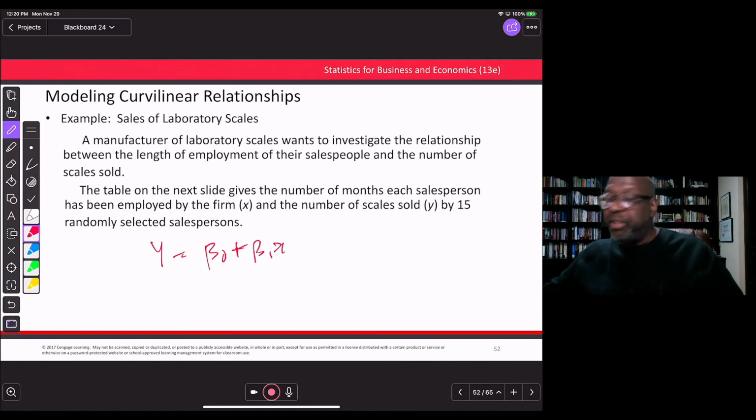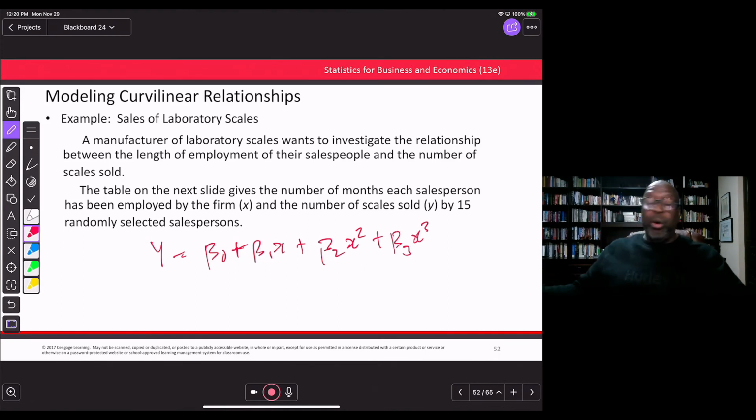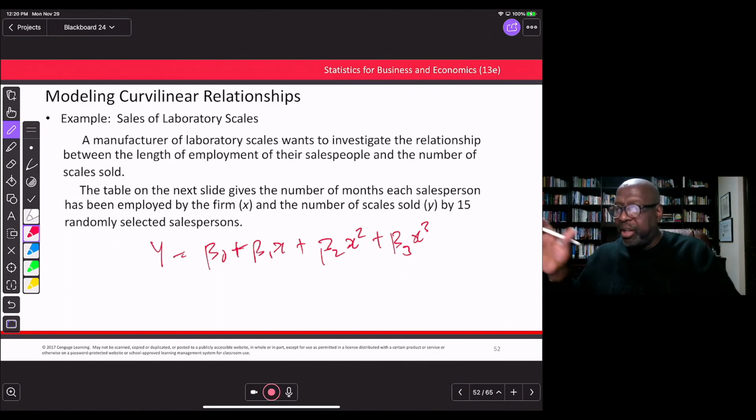If we want to have a curvilinear relationship, we could have B2 x squared, B3 x cubed, etc. You might find that a linear equation is not a very good fit, but perhaps a curvilinear equation is a much better fit.